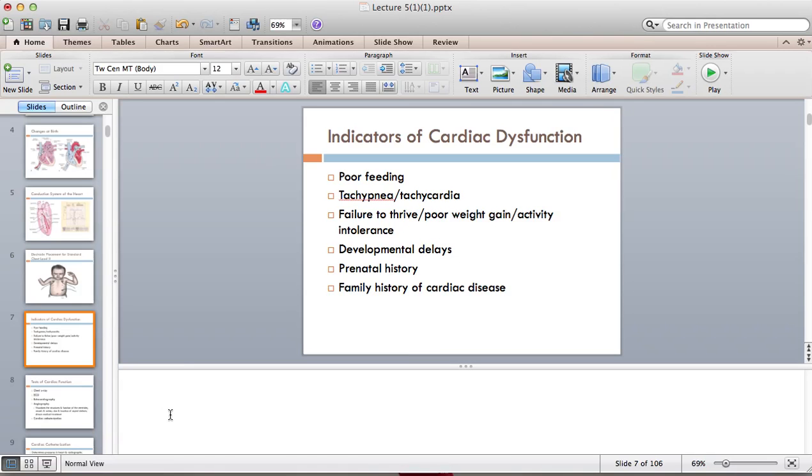They're not feeding, they're not eating, and they just get tired, or they can break out in sweat just for the fact that they want to eat, or just for the fact they want to make a bowel movement. So a little activity kind of bothers them. Then we say, this child is not really doing well, because if all these little things that they should be able to do normally is bothering them, then there is a problem somewhere.